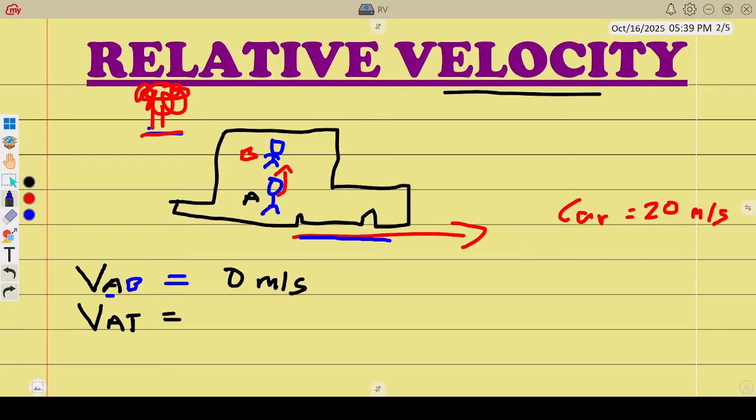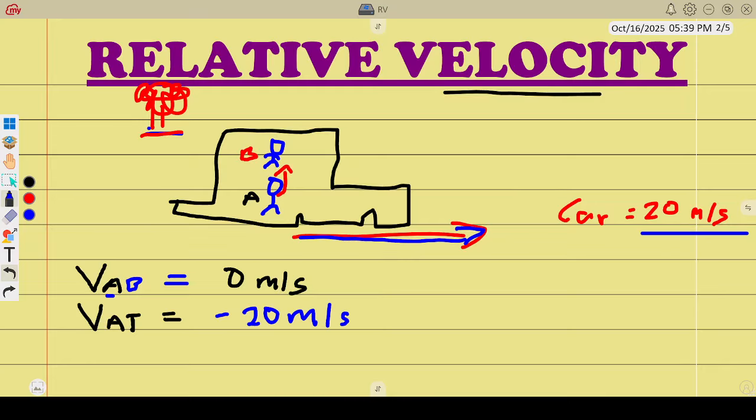Since the car was moving forward with a velocity of 20 meters per second, when this person is looking at the tree, it looks like the tree is also going at a very fast speed, going backwards. So the velocity of the tree is the same velocity, but it will have a negative to show that the tree is in the opposite direction.